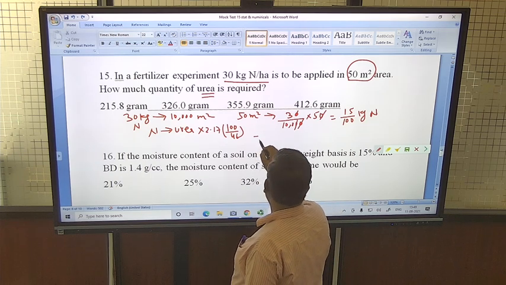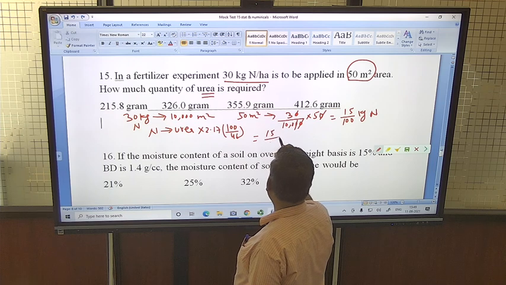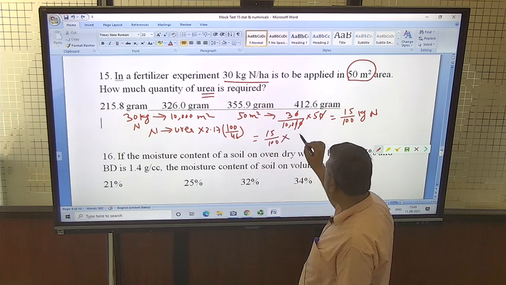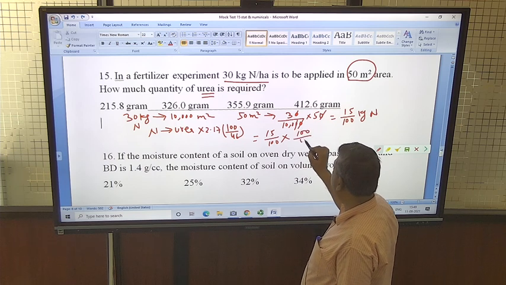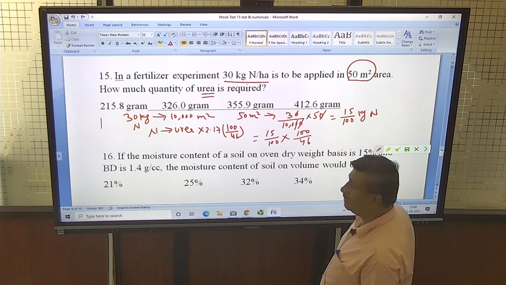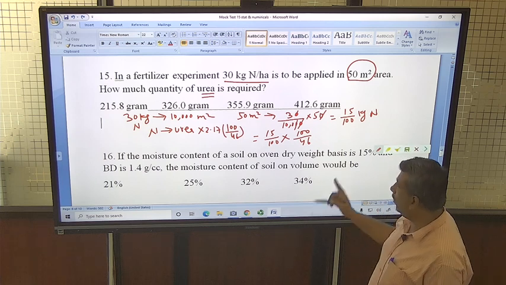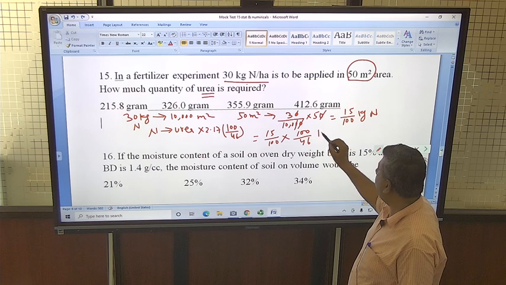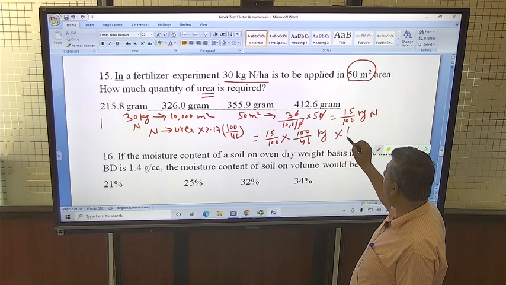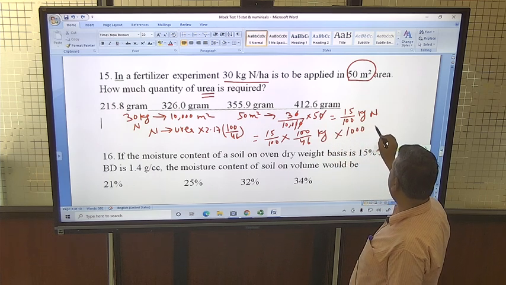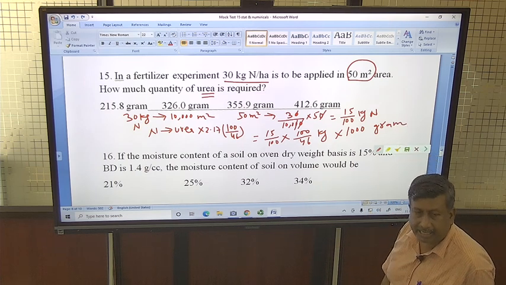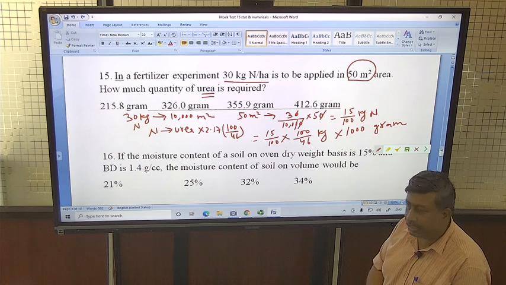So it is 15 upon 100 multiplied by 2.17, or accurately we can use 100 upon 46, then calculate what is the correct answer. So it is in kg, so it is multiplied by 1000 to convert it into gram. So in this way we can calculate how much urea is required.